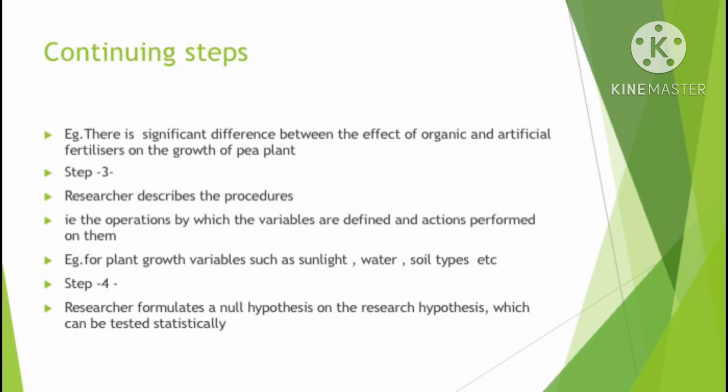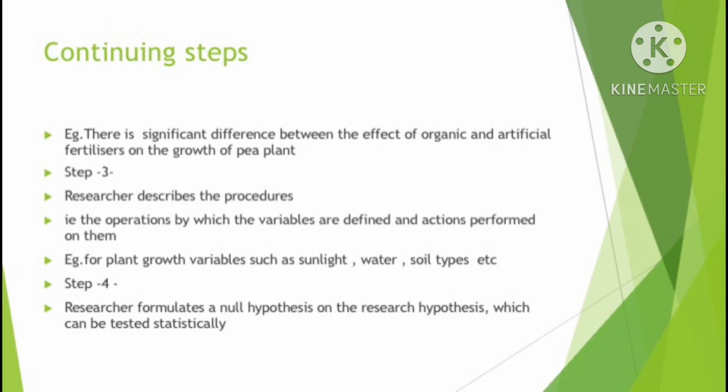So all these variables the experimenter is going to keep constant, whereas he is changing only the type of fertilizer. In one plot he is using the artificial fertilizer, and in the other plot he is using the organic fertilizer, and then he is comparing the effect of both the fertilizers.